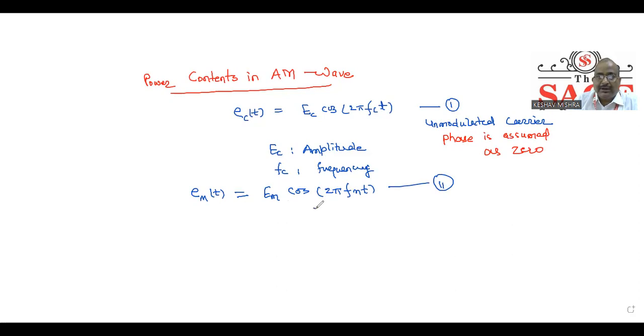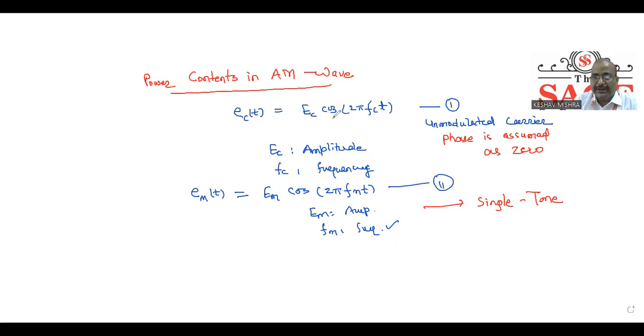Em is the amplitude and fm is the frequency. One important point we can note down: only one frequency component is present. So this is a single tone modulating signal.